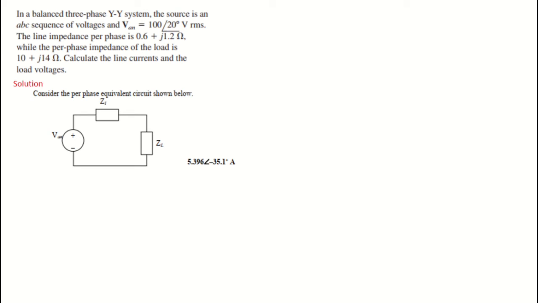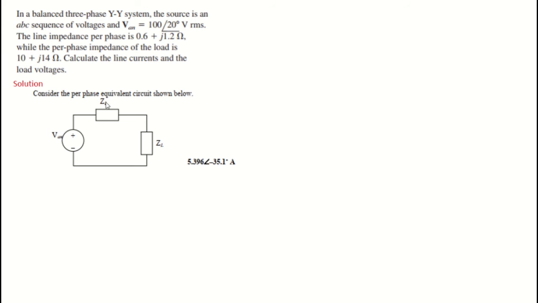So this is basically the solution of it, a circuit. It's better if you have this kind of question, you try to draw the equivalent circuit. Okay, so we have VAN and we have a line impedance, and also we have a load impedance.